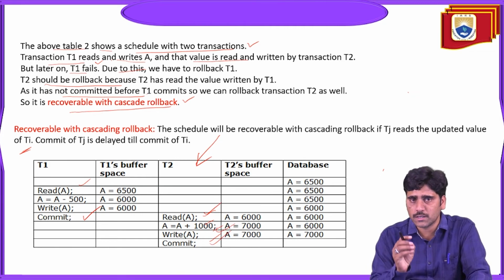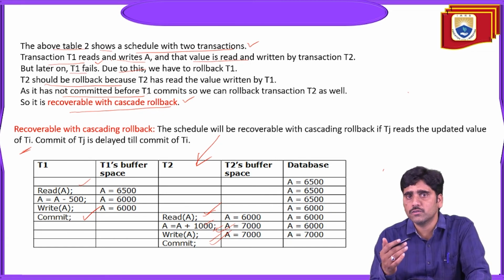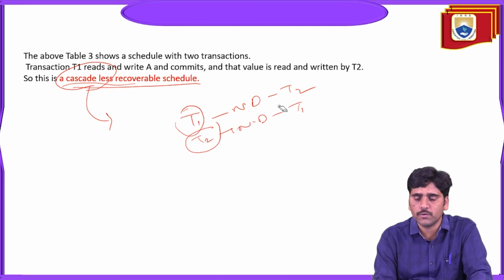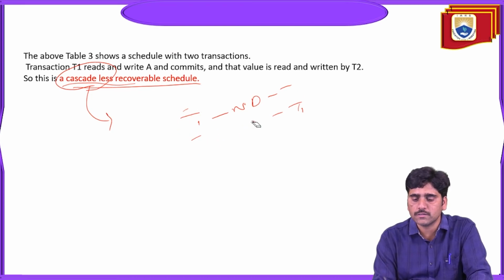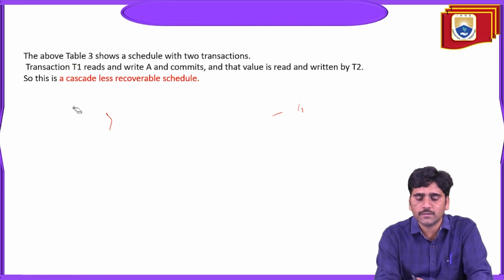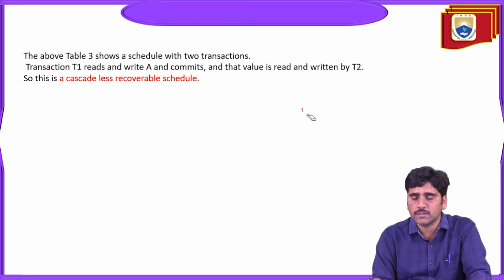Those two transactions may individually fail, and at that moment those two transactions get rolled back. That is nothing but a cascadeless recoverable schedule. So this is the way we can understand the three recoverability types of schedules.